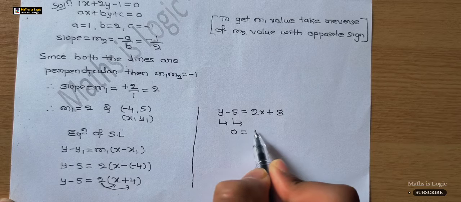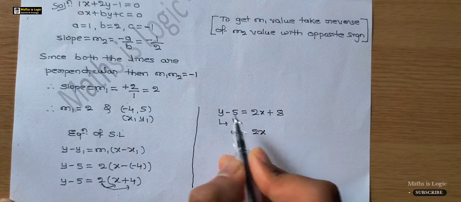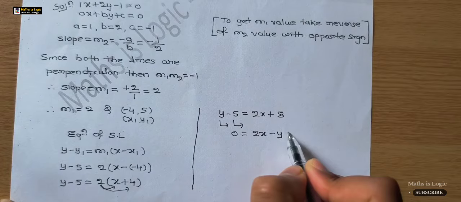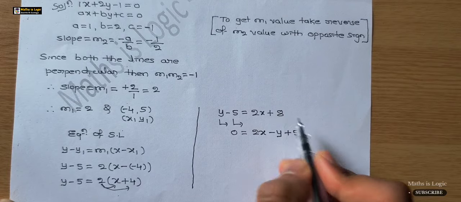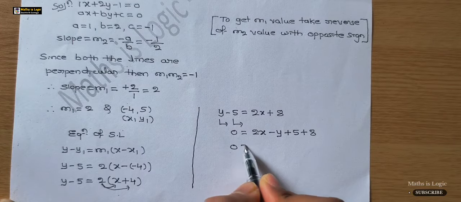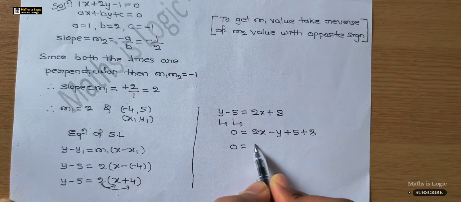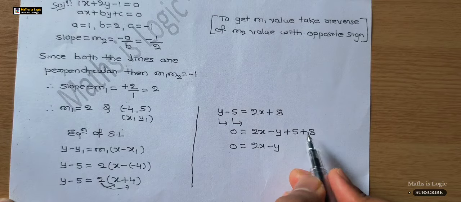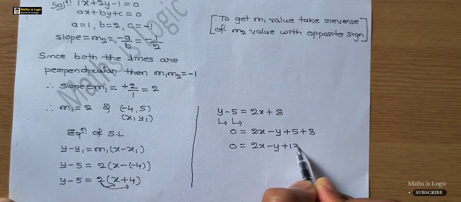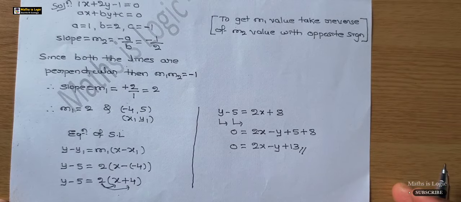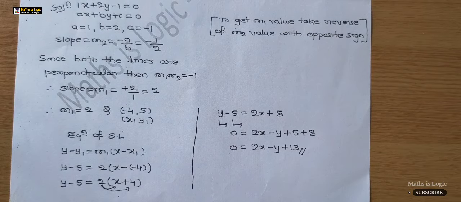Therefore 0 is equals to 2x, keep it as it is, plus y becomes minus y, minus 5 becomes plus 5, and already plus 8 is there. Keep it as it is. Therefore finally, what is the equation of straight line? So 2x minus y plus 5 plus 8 is plus 13 is equals to 0. So this is the required equation of straight line.